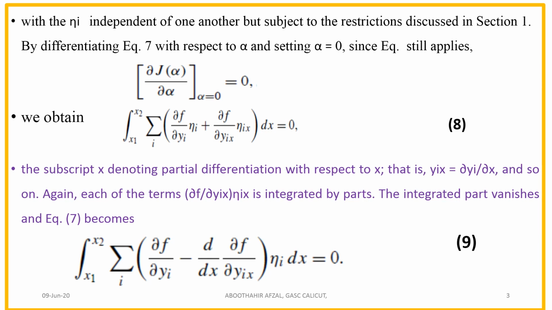The only difference is here we will get n equations and it will be the sum of all the n equations. Therefore we will write sigma i equal to 1 to n, integral of dou f by dou yi minus d by dx of dou f by dou yix, into eta_i dx.